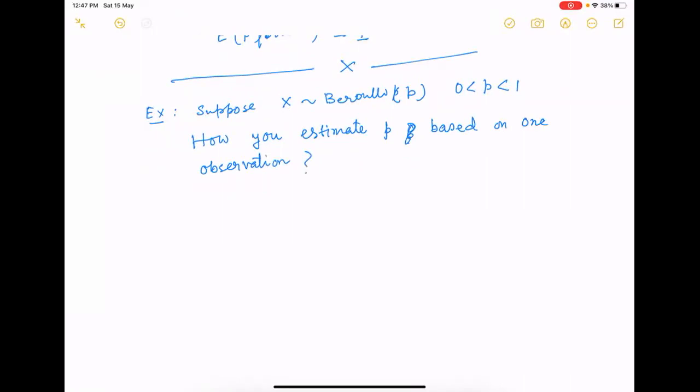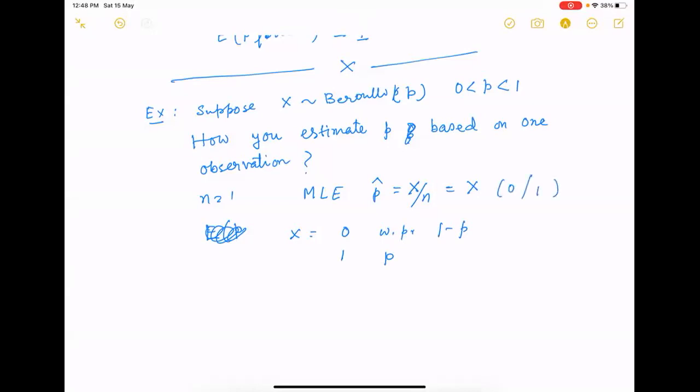So fine. Now my n is 1. In MLE, P hat equals X, because we know that P hat is X by N, which is X by 1, so the whole thing is X. Now X can take the value either 0 or 1, with probability 1 minus P and with probability P. So that means P hat will be either 0 or 1.